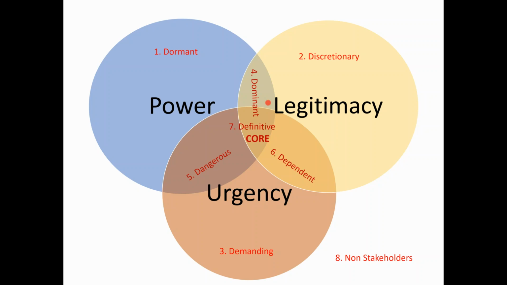Naturally, definitive. Definitive gets the first priority. Then probably dominant, dependent, and dangerous. In that sequence: definitive, dominant, dependent, dangerous. If I have to allocate resources, I'll allocate them according to these. So discretionary is far off from me.